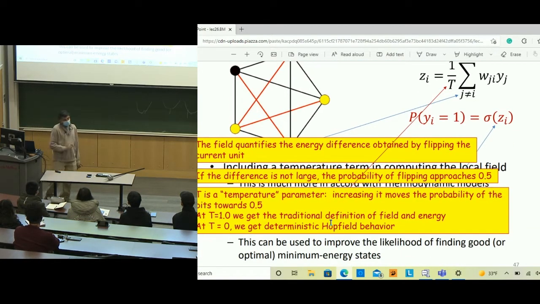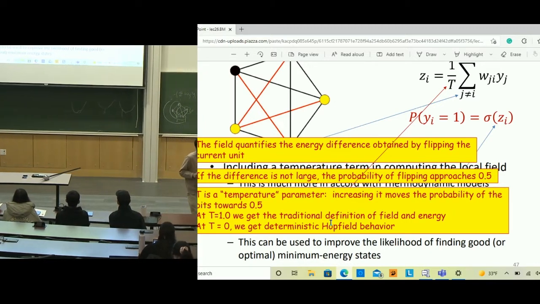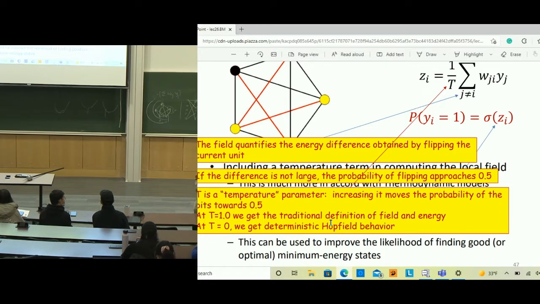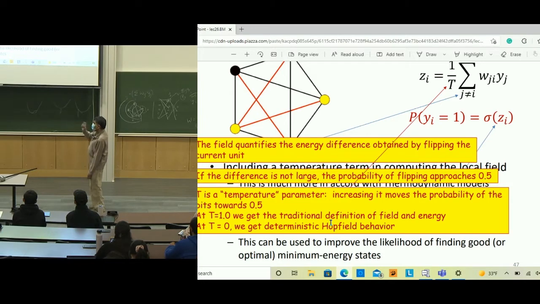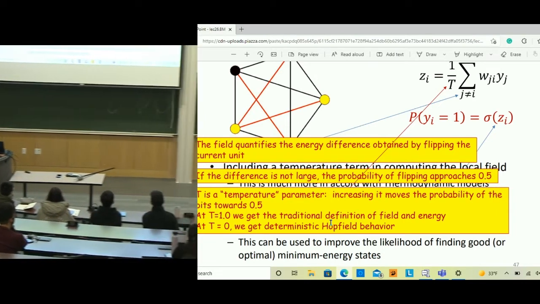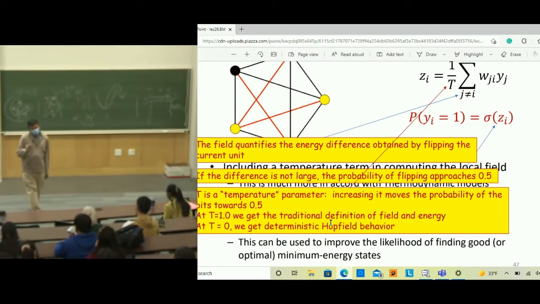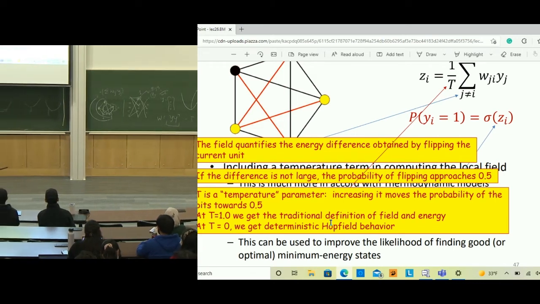Now, if you increase this temperature parameter, all of the field values begin to go towards 0, which means the probability of flipping a bit begins to increase. If T is 1, you get the traditional definition of field and energy. If T approaches 0, you're blowing up the small differences between field values. So this ends up always picking a probability of 1 if the field is positive, and a probability of 0 if the field is negative.